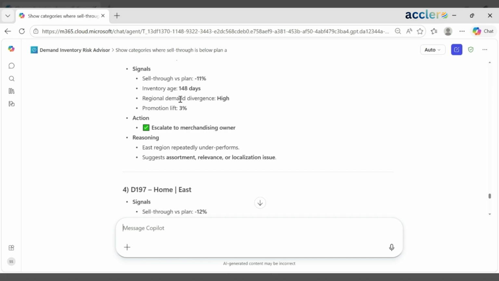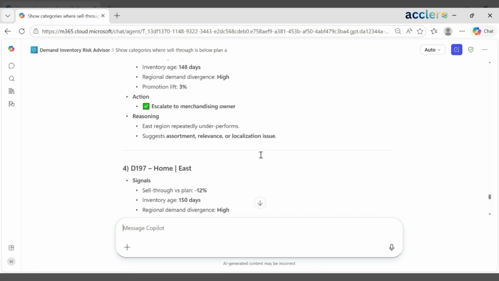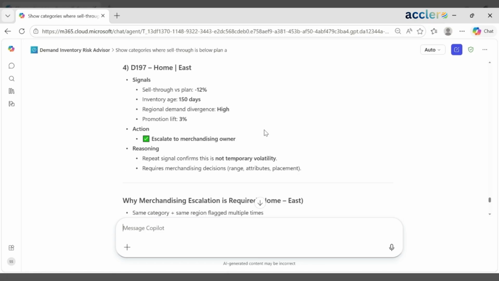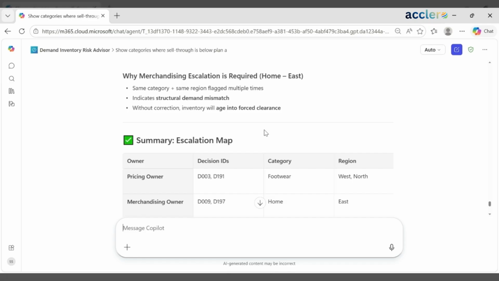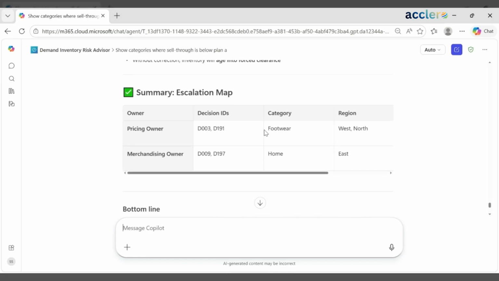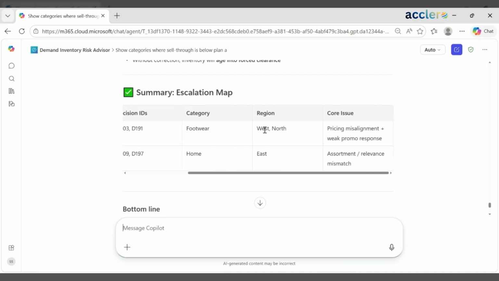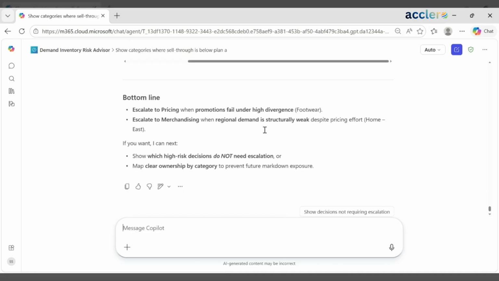It requires a review, and it suggests assortment relevance or localization issues. So this will ensure the clear ownership and fast decision making before the markdown risk escalates further.